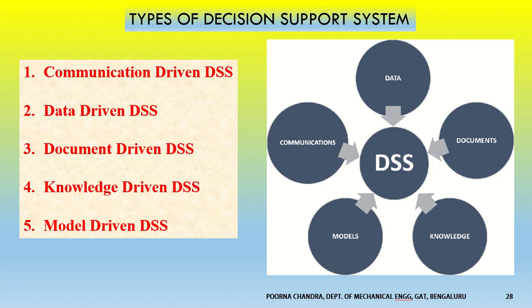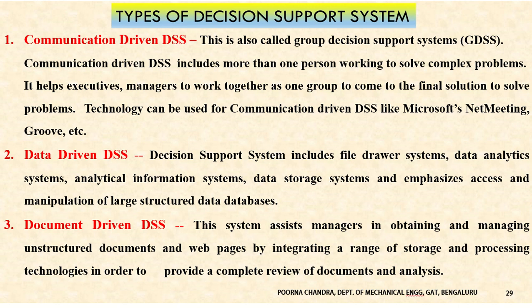Number four, knowledge driven DSS. And number five, model driven DSS. These are the major types of decision support system. Now we shall understand the different types.